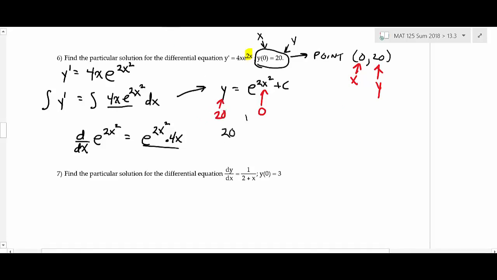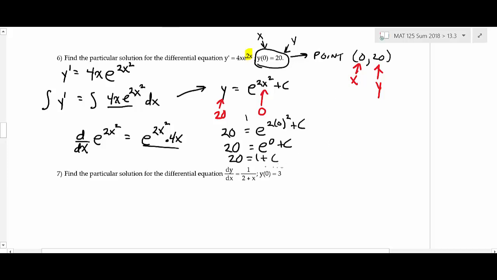So we have 20 equals e to the 2 times 0 squared plus c. So that's 20 equals e to the 0 plus c. So that's going to be 20 equals 1 plus c.